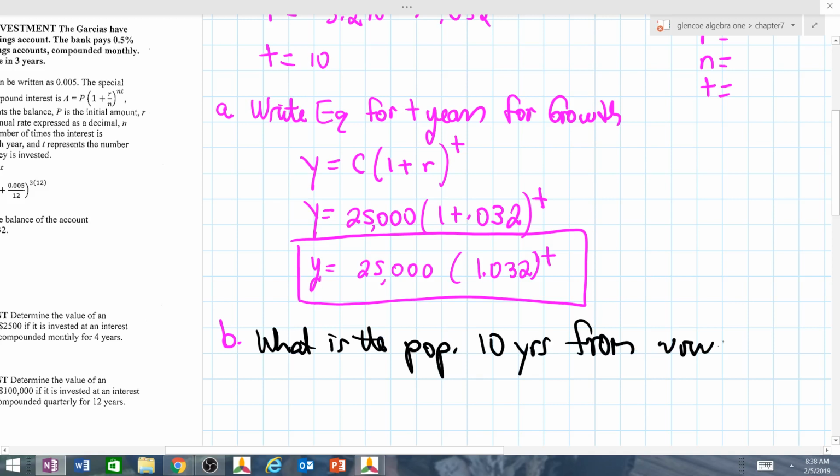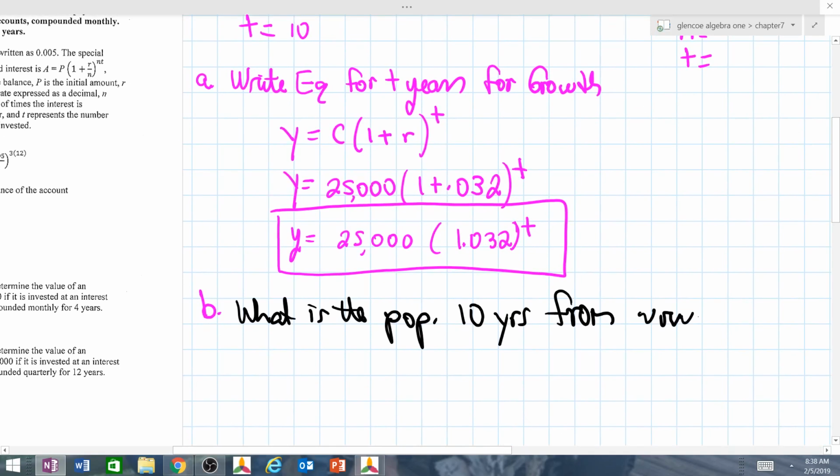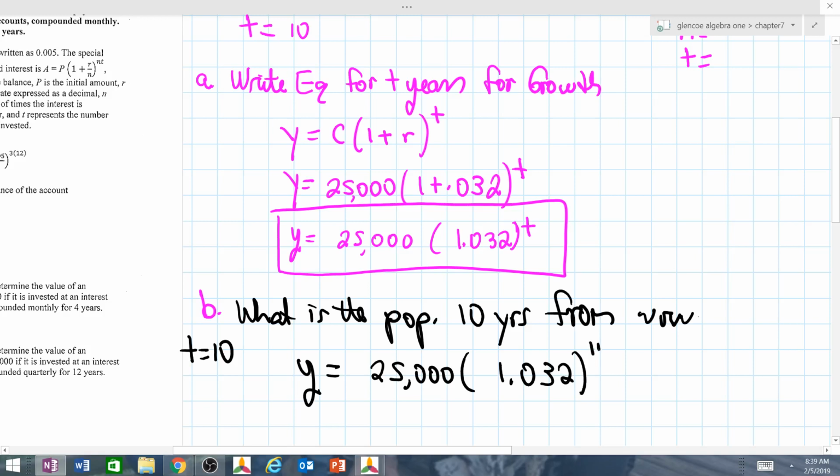So basically, I don't have to rewrite everything because I already have my equation. So the only element that I have to place in is I have to put in a 10 for t. So this would be y equals 25,000 times the quantity 1.032 to the 10th power.